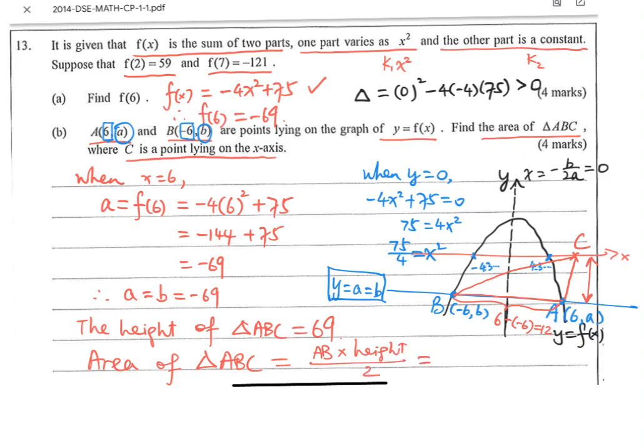The base is AB, we get 6 minus -6, times the height 69, divided by 2. So we get 69 times 12 over 2, which is 69 times 6, which is 414. So this is the area of triangle ABC. That's it for part B.